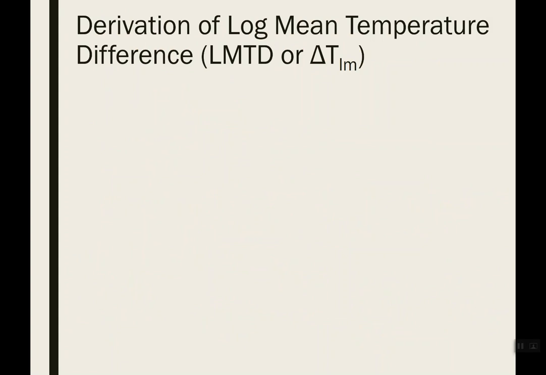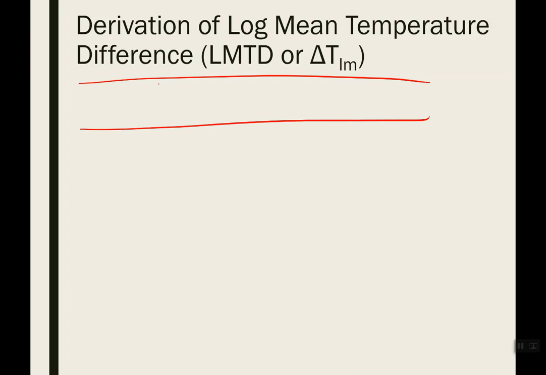Okay, so if we had this long pipe, our first step would be to draw a control volume around a differential element, and this differential element would be delta x meters, or delta x units of distance thick. So we would apply an energy balance.